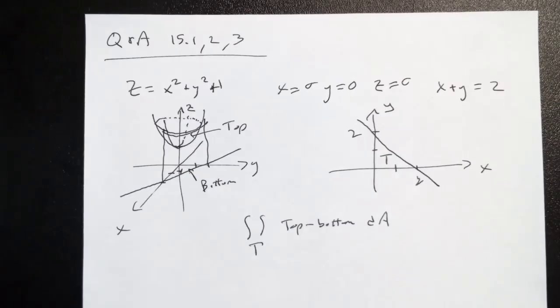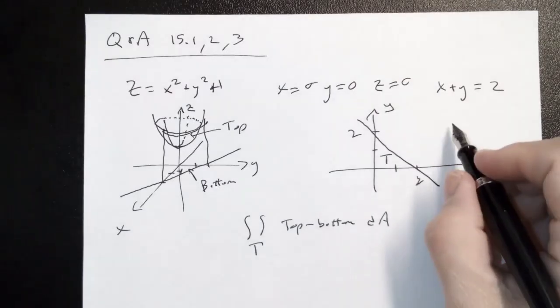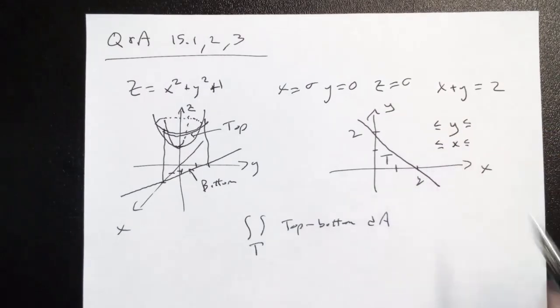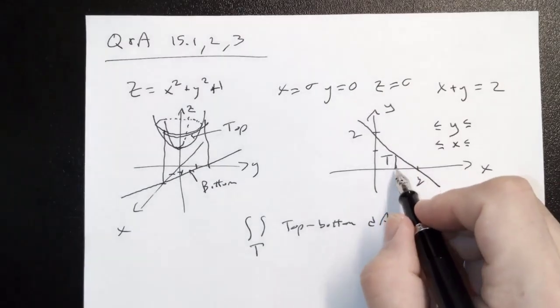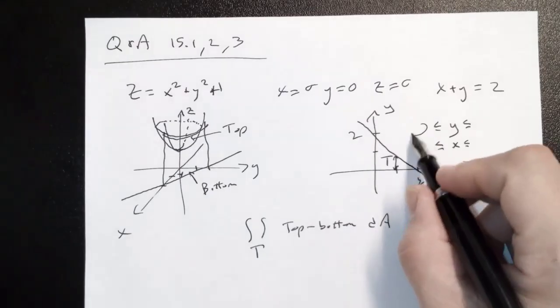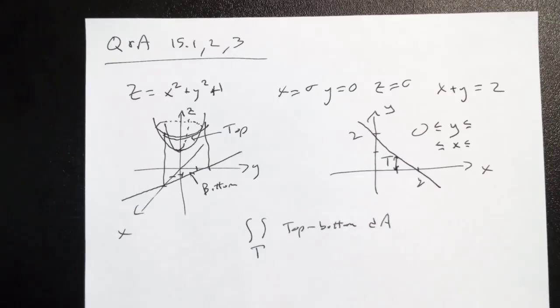Okay, if it's type 1, then the top and the bottom should be equations and the left and right should be numbers. So in my little head, I say, oh, I'm going to go up and down first. What's the equation of the bottom? What's the equation at the top?